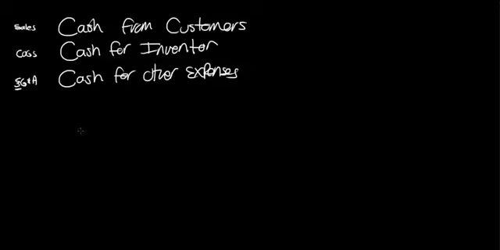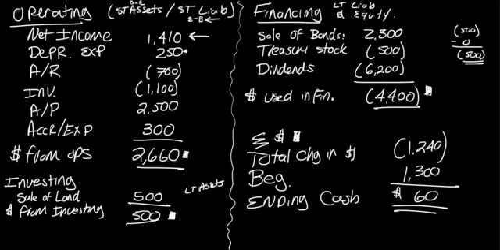If we look for the customers piece, let's start with the number from the income statement, the $4,510. Let's go back to our statement of cash flows, indirect method, and realize we're going to have to pick up a couple of numbers. What do we assume? If we look at that little box, we're going to assume that all sales happen on account, so the one number we need to pull in is the accounts receivable number. Looking at these, depreciation expense we know is going to be part of cost of goods sold.